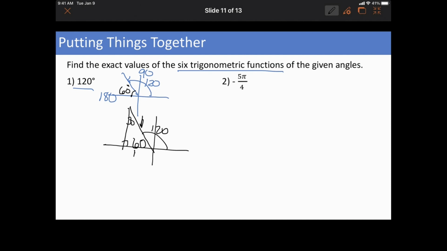So this is -1/2. This over here is √3/2. Now, once we know that, we can find sine, cosine, and tangent of 120. I know you're going to say this is 60. We're just using the reference angle to actually find the values for 120. So let me put this in.